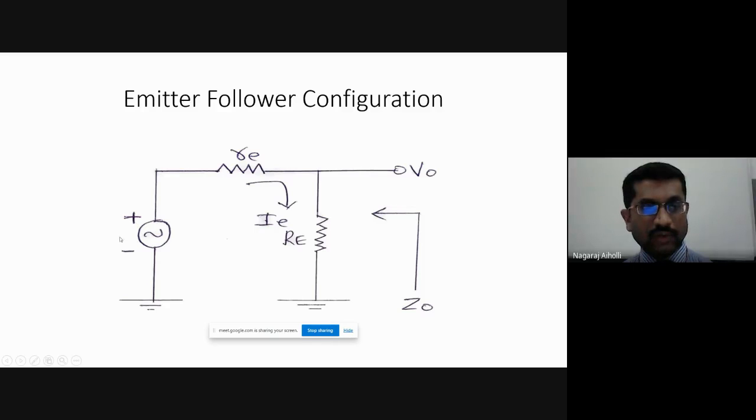If it is a current source, we open circuit it. If it is a voltage source, we short circuit it according to our rules, so that we can find the value of the output impedance.